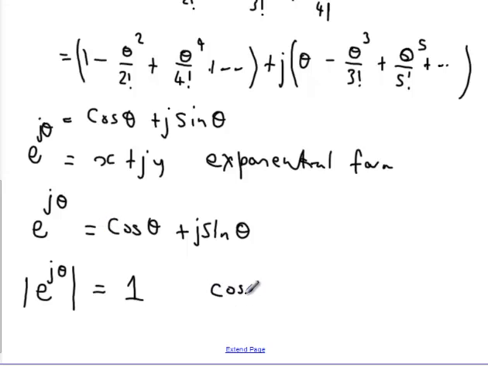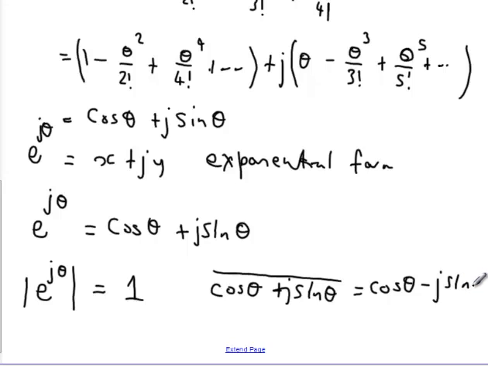What is the conjugate of this number? The number is cos theta plus j sine theta. What's the conjugate of this number? You say this is equal to cos theta minus j sine theta.